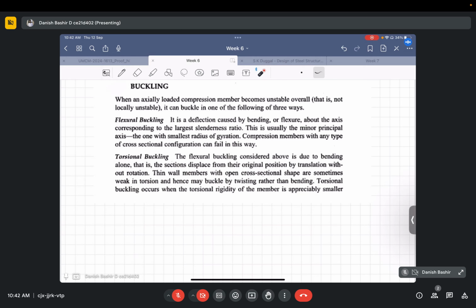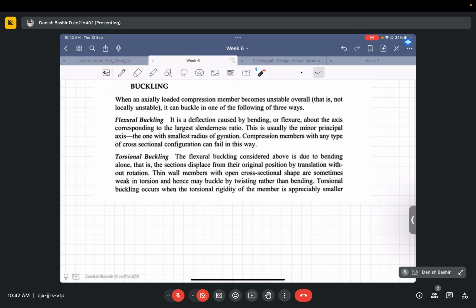So the thinner side of the column will buckle, or it will bend along that direction. Another case is torsional buckling. Unlike flexural buckling in which it bends, in torsional buckling the member rotates.